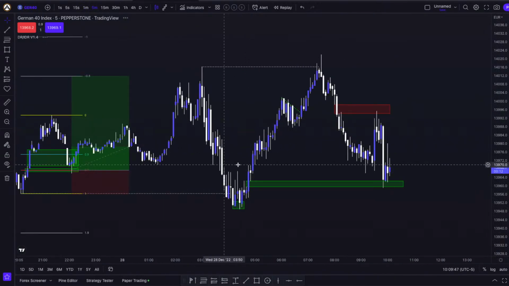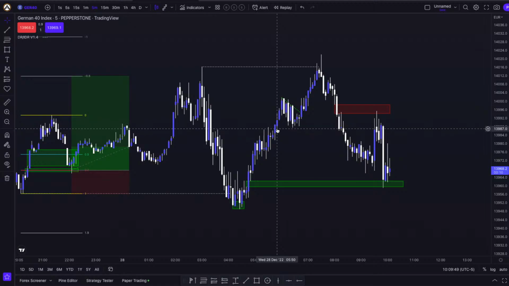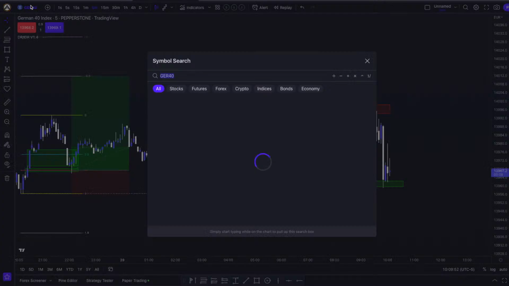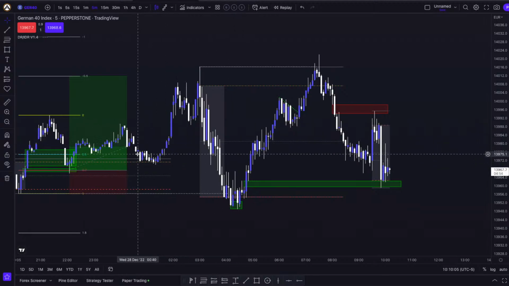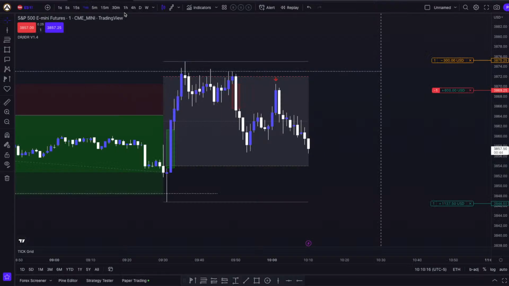Basically, the whole point I'm trying to make is that the volume inefficiencies and stuff like that is going to be different from broker to broker. They won't be at the same prices. They won't be at the, I don't know, same areas or whatsoever. For example, Pepperstone could have this volume inefficiency right here, and a different broker doesn't even have a volume inefficiency right here, because the CFD market, or in general the Forex market, is decentralized in contrast to the S&P 500 or the CME futures contracts, which are centralized.